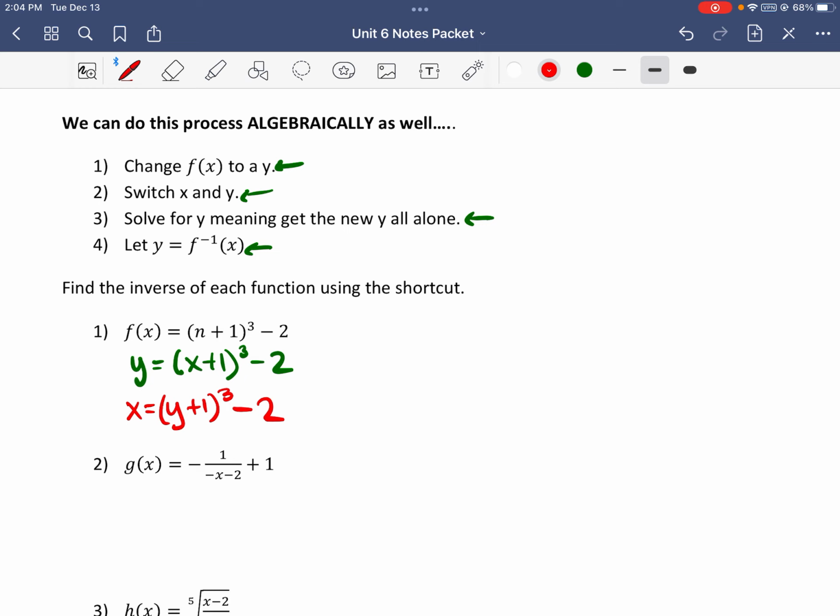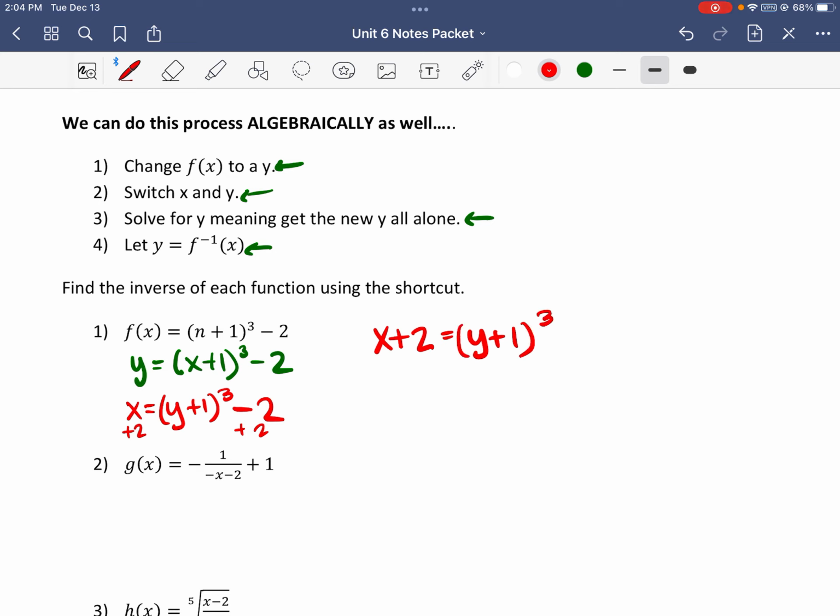Let's get y all by itself. We're going to first add 2. We'll get x plus 2 equals y plus 1 to the third.